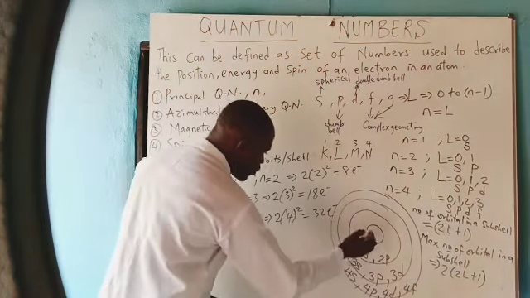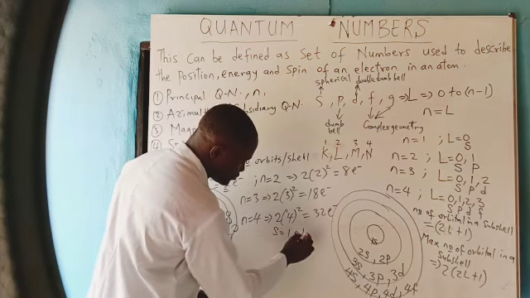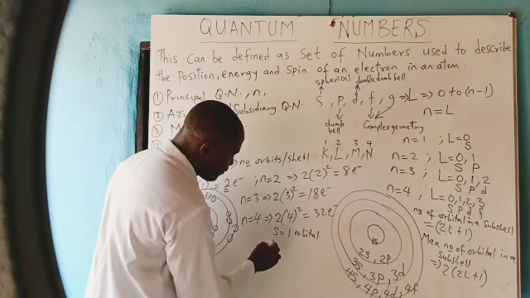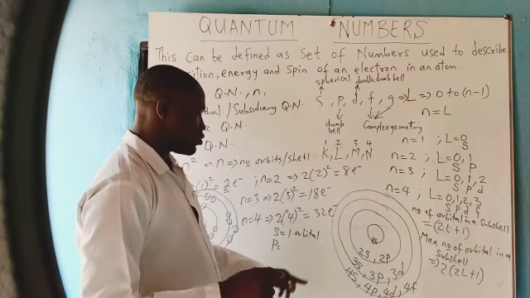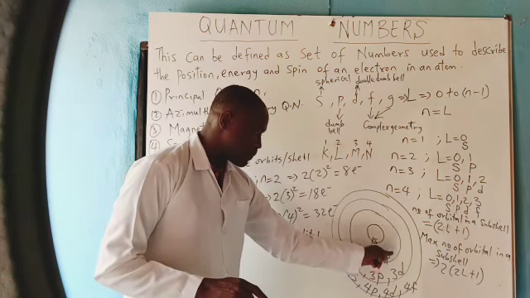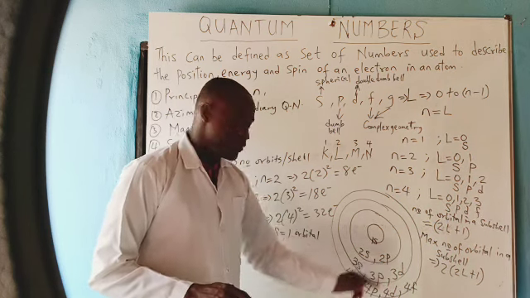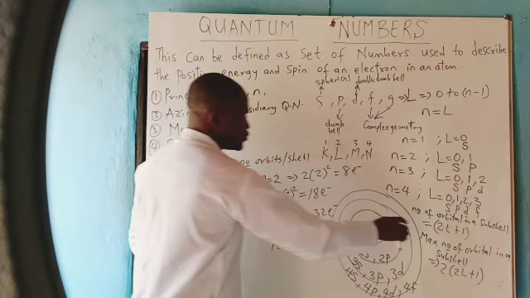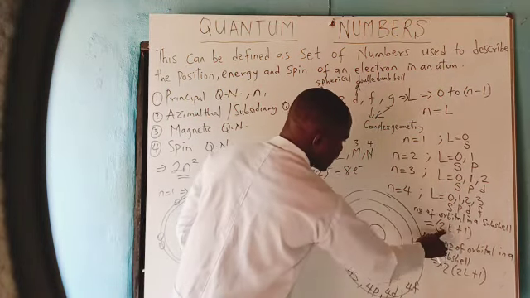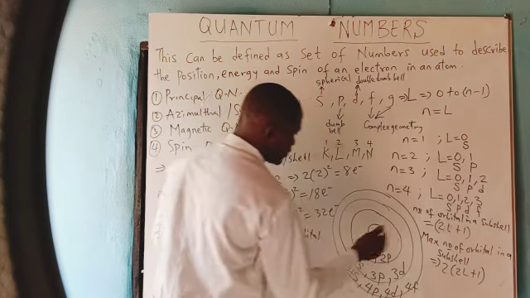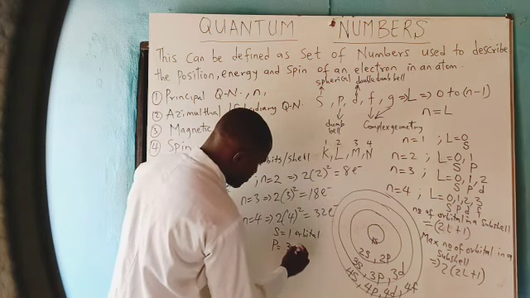That means s will have 1 orbital. Then for p, any subshell having p, like 2p, the number of orbitals is 2 times L, and L for p is 1. 2 times 1, 2 plus 1, 3. 3 orbitals.